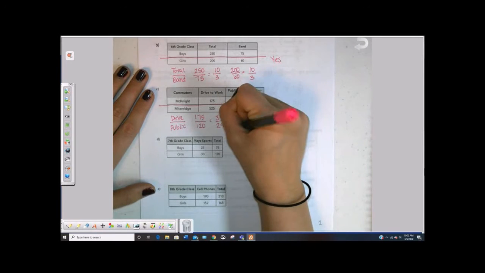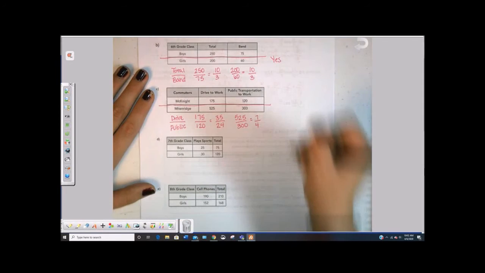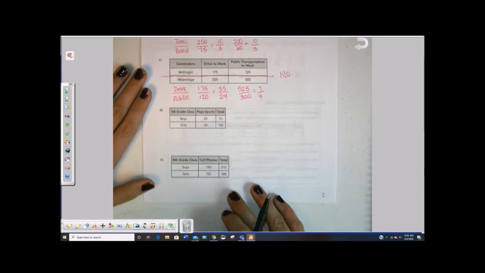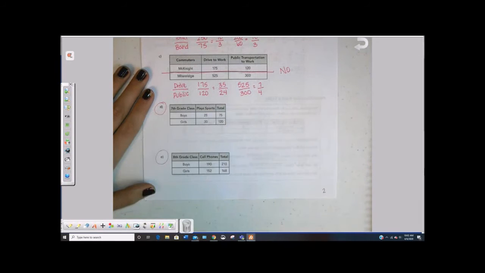And Mitten Ridge is 525 over 300, which simplifies to 7 over 4. So these are not proportional. So I want you to try and do D and E on your own.